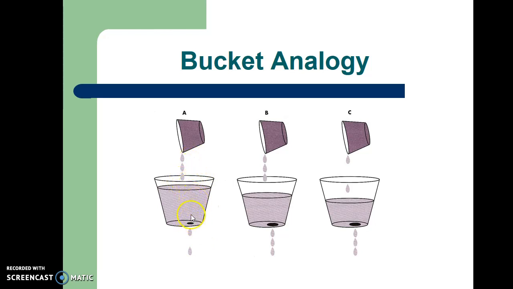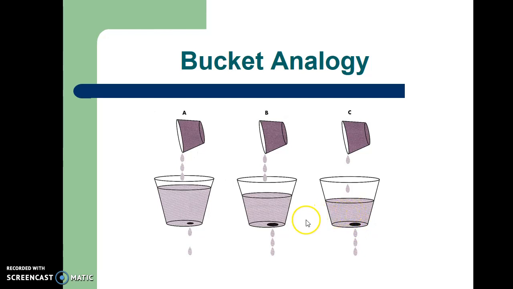If that's occurring, we're going to have a buildup of the drug concentration, probably beyond that maximum effective concentration, into the toxic range. So over here in the bucket C area, we have only 2 drops going in and 3 drops coming out. This concentration in the animal's body, represented by the bucket, is going to become lower and it's probably going to get into the subtherapeutic range before we would want that to happen.